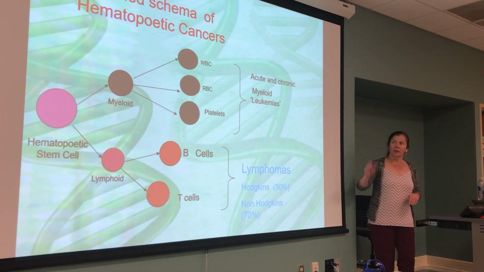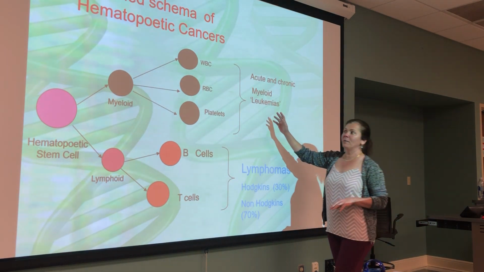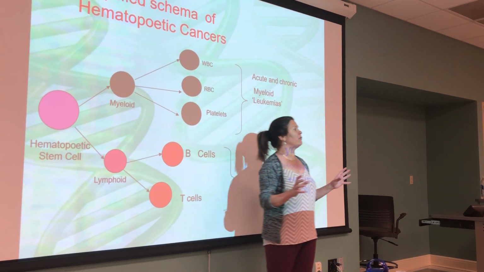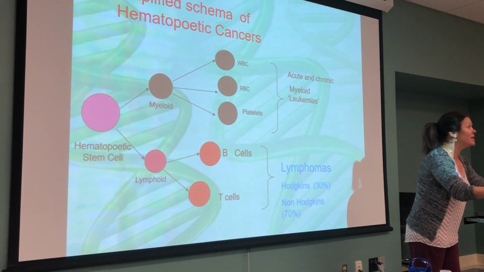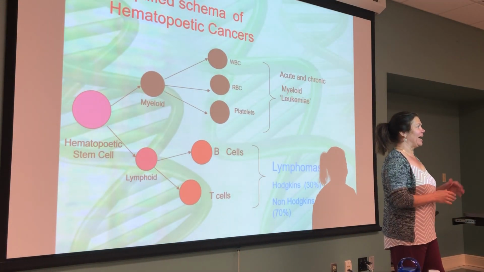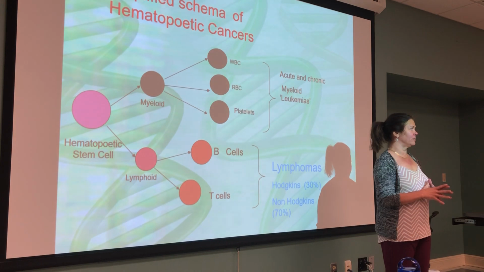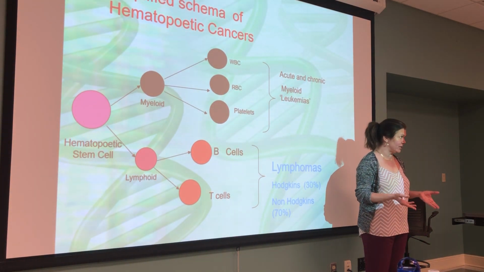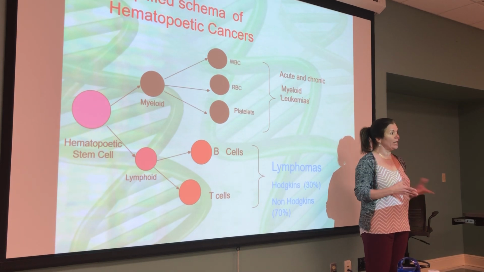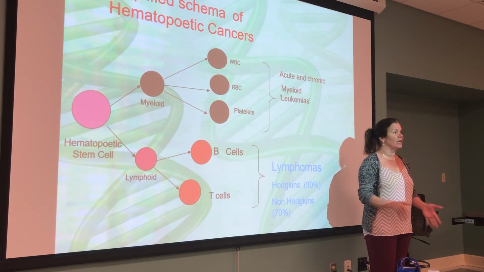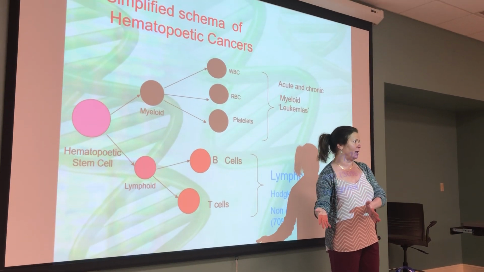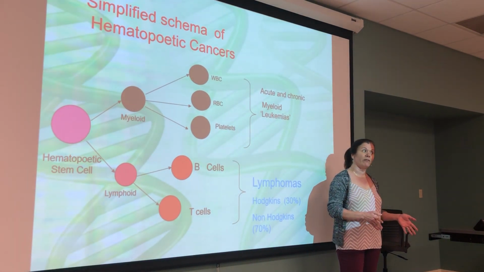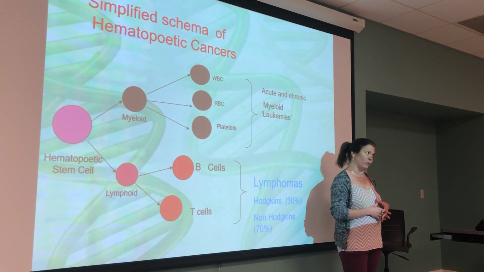So, if we have the myeloid lineage affected, not only will we have myeloid leukemias, acute versus chronic. If we have the lymphoid lineage affected, which are the lymphocytes, T and B, not only can we have leukemias like chronic lymphocytic leukemia and acute lymphocytic leukemia, but when that lineage is also affected, we can have lymphomas.